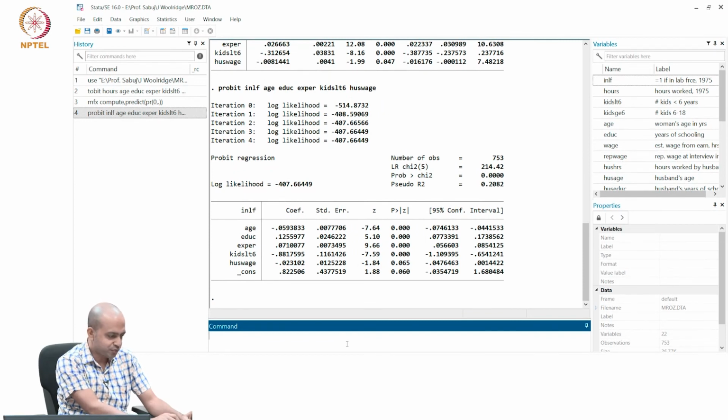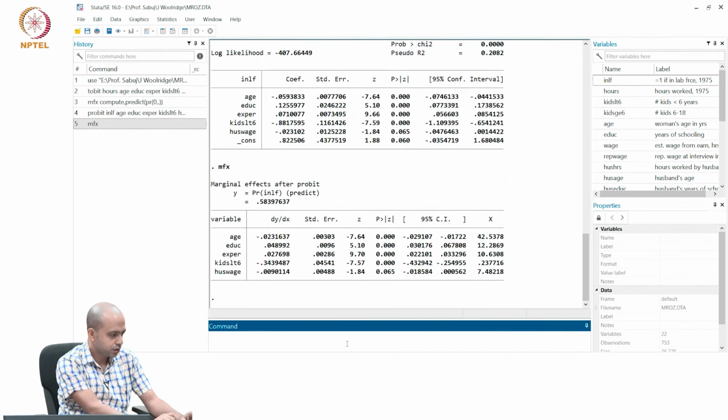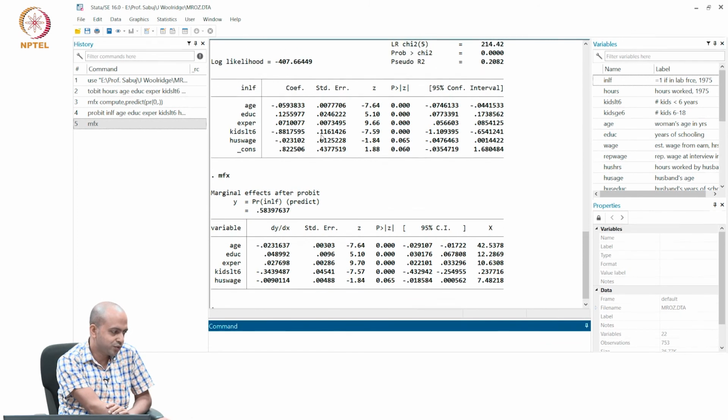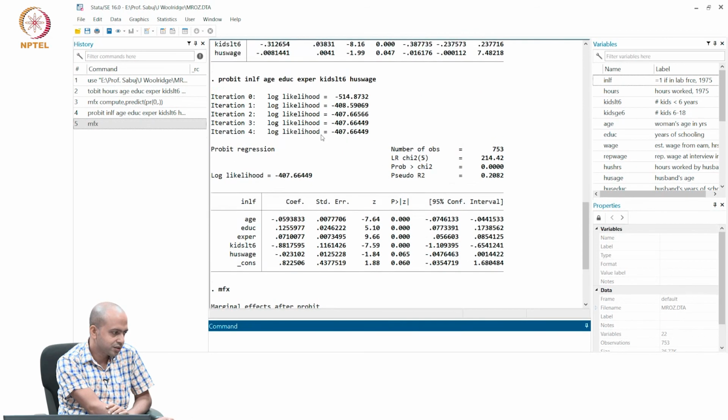And after estimating this, if you type mfx, look at the marginal effect of age. What is the marginal effect of age? Minus 0.02. And what is the marginal effect you got from Tobit?